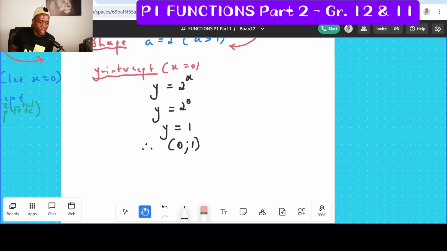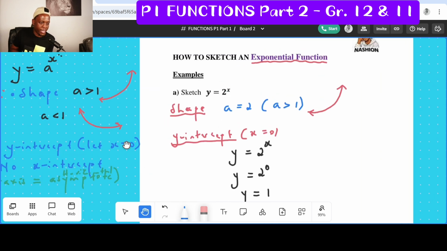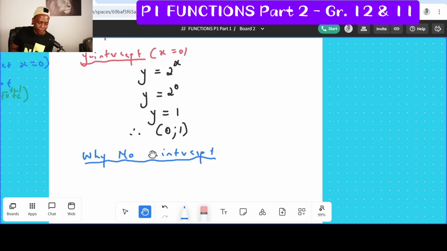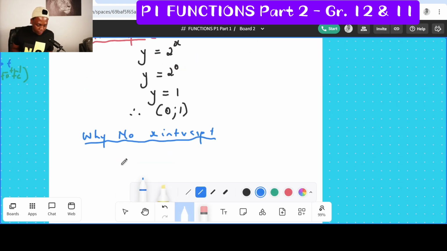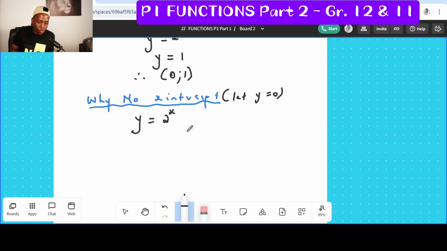Now let's understand why this graph will not have the x-intercept. So why no x-intercept? When we write it in this form, y is a to the power x. Remember the original equation is y is equal to 2 to the power x, and at the x-intercept, we must let y equal to 0. So where there is y here, we are putting 0 to solve for x.